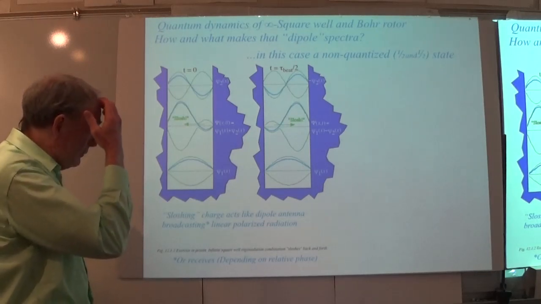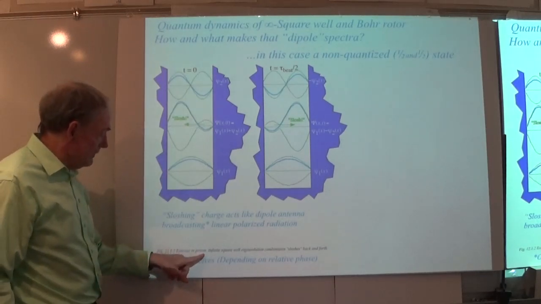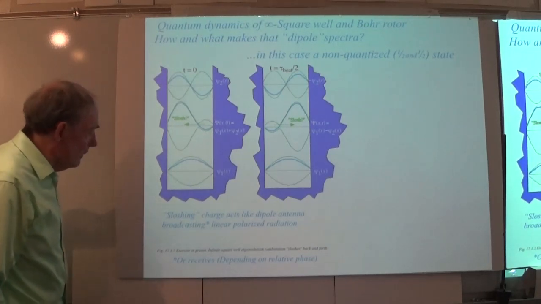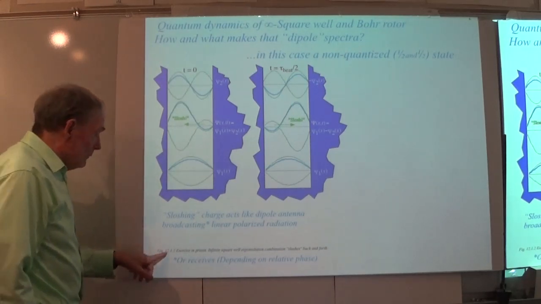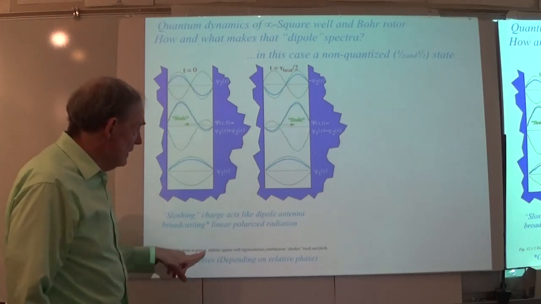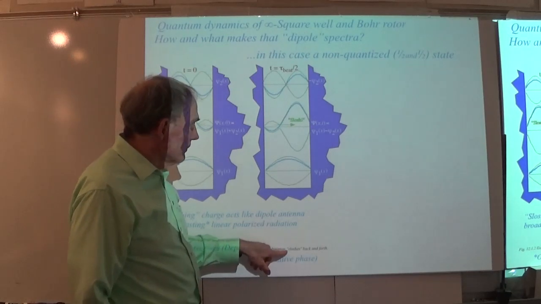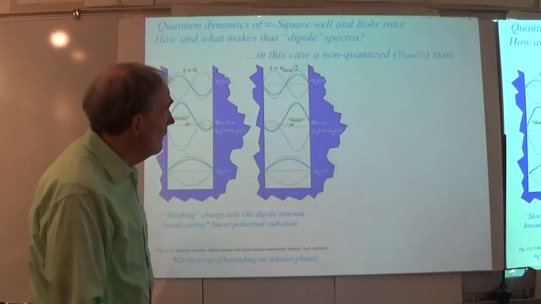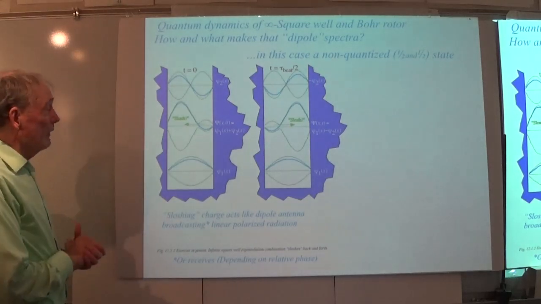But in any case, this is what I call exercise in prison in this particular figure in chapter 12, 12.1, subsection 1. Infinite square well eigensolutions slashing back and forth, and that's what I really want you to get a feeling for.